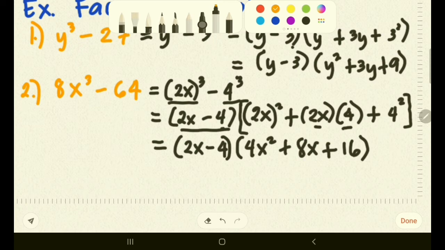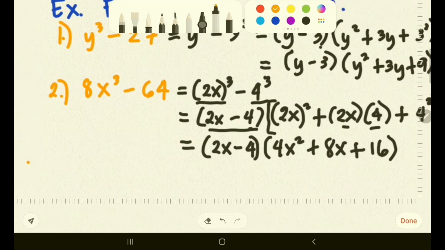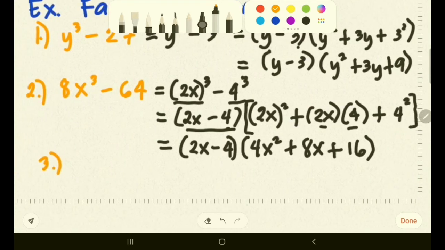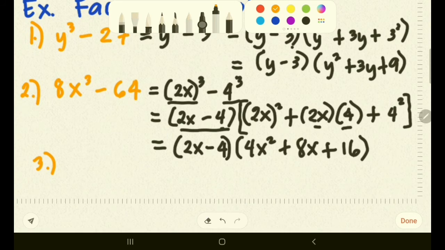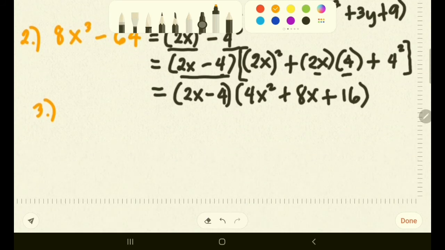Okay. Now, I'm going to give you another example, number 3. Okay, let's have another example. 27m to the power of 4 minus 8m n to the power of 6.